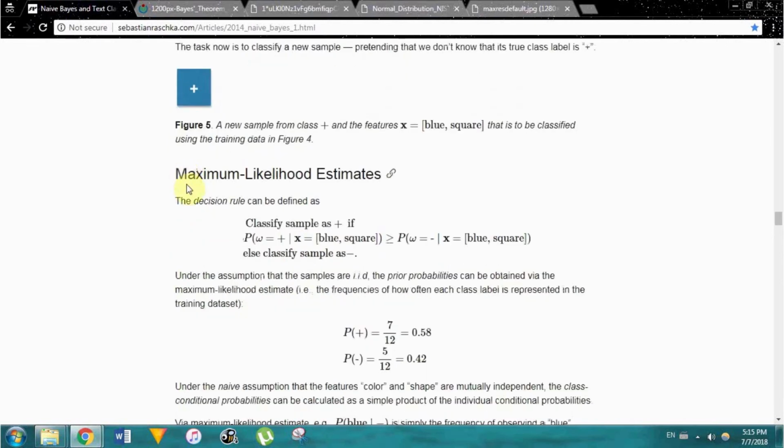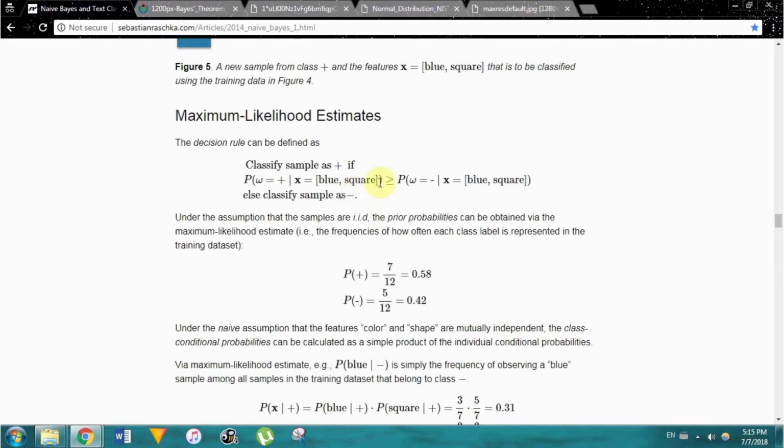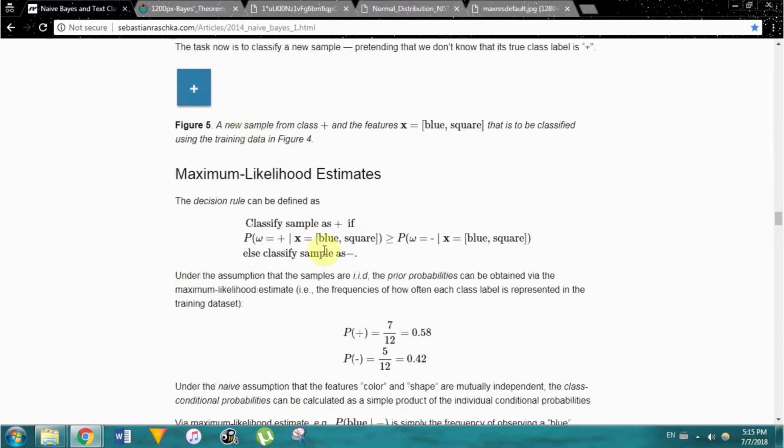So in order to use Bayes theorem and the naive Bayes classifier to classify it as a plus, we know what we need to do, right? We need to say that the posterior probability of this pattern, which is a blue square, being part of class plus is bigger than the posterior probability of the same pattern being from class minus.